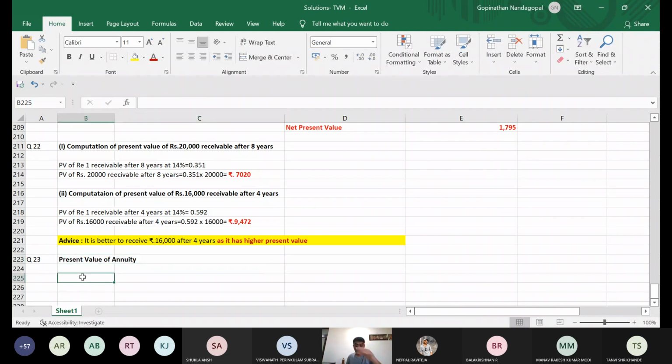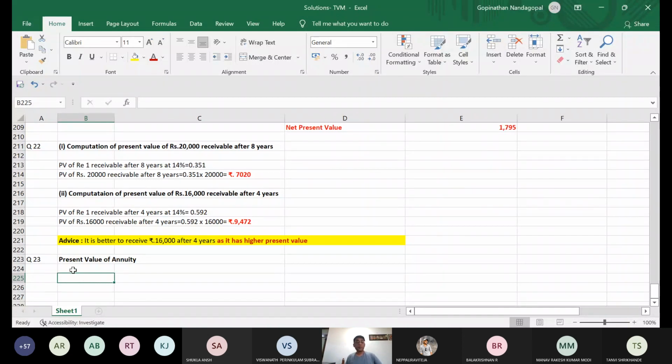So I'll just read the problem. X has entered into an agreement that will fetch her rupees 60,000 per annum for the next 4 years. He wants to know the present value of future cash inflows at 20% discount rate.